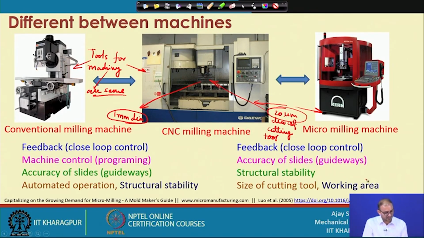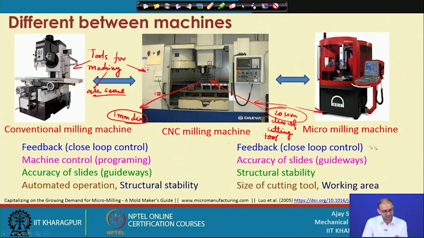Working area is again very small, because obviously we are not going to do machining on a large scale, mostly 100 by 100 millimeter is enough for doing most of the work in this case. But in the CNC milling machine and the conventional milling machine, you have a very large size of component, and you can easily get machining done with the required geometrical specification.